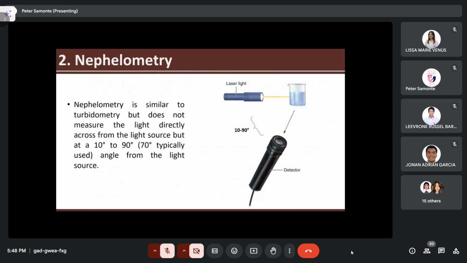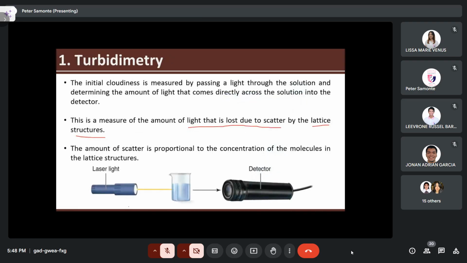Then we have your nephelometry. This is somewhat similar, class, to turbidimetry. The difference is that it does not measure the light directly across. In turbidimetry, the light is measured across the solution.